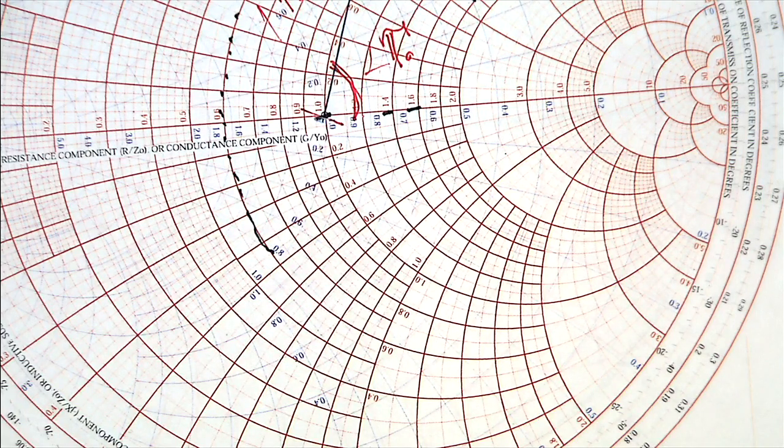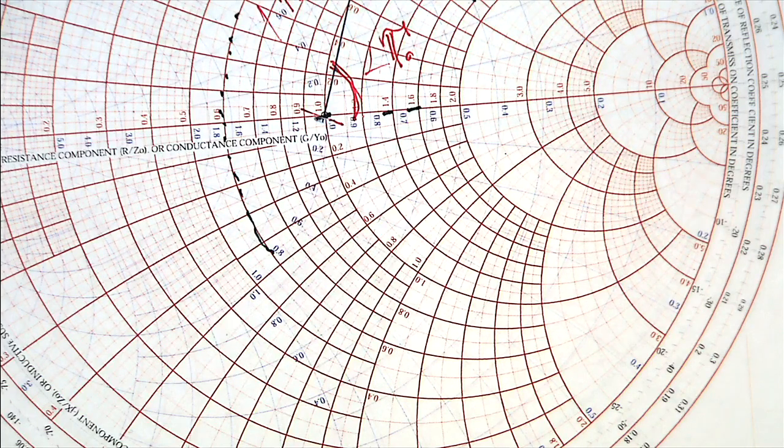Or, which is more convenient and more useful, instead of rotating this Z in, I rotate the Smith chart 180 degrees. So it's simpler. If I have a Smith chart that has the Z and the Y, and the Y is only a 180 degree phase shift of the Z, then you don't need to rotate the point.